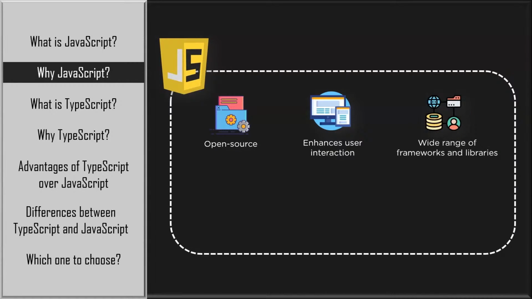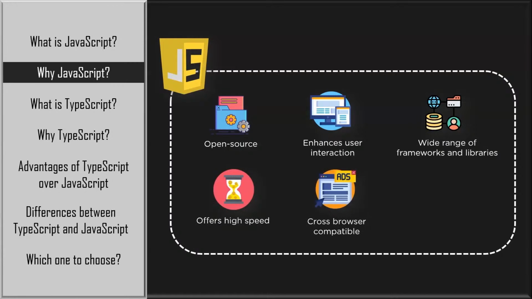Some popular ones are React, Angular, Vue.js, among others. And some other key features of JavaScript include excellent speed and cross-browser compatibility, that is, JavaScript code runs on all browsers like Google Chrome, Firefox, Safari, you name it. And lastly, simple things are done simply. It offers simple semantics, allowing a seamless developer experience.